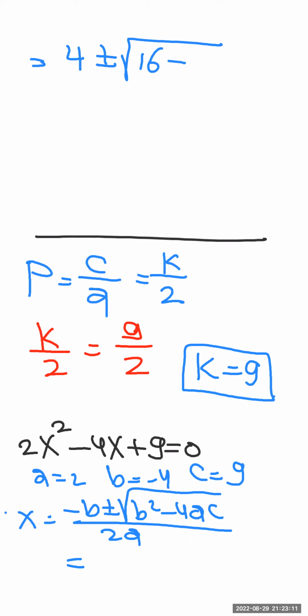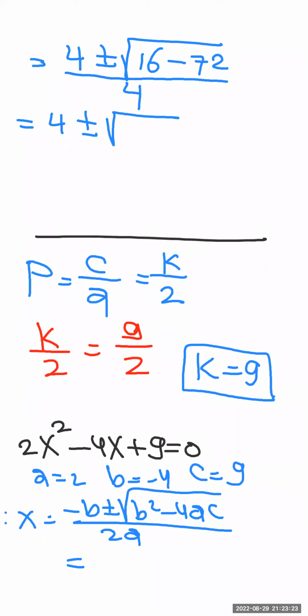So minus 72 over 2a, meaning over 4. Now it will equal 4 plus or minus square root of 16 minus 72, which is negative 56, over 4.